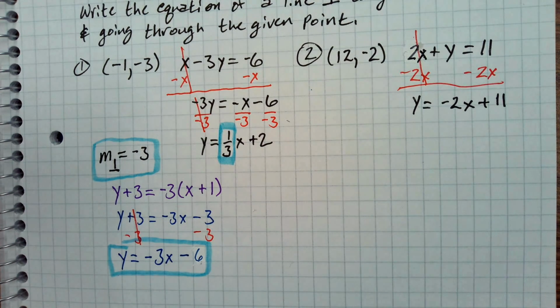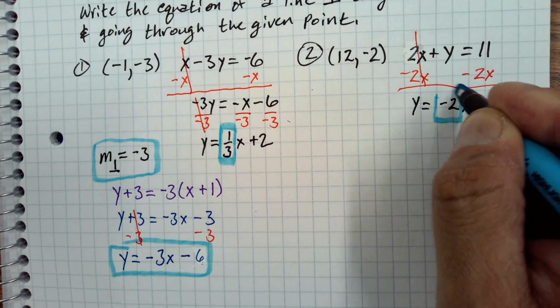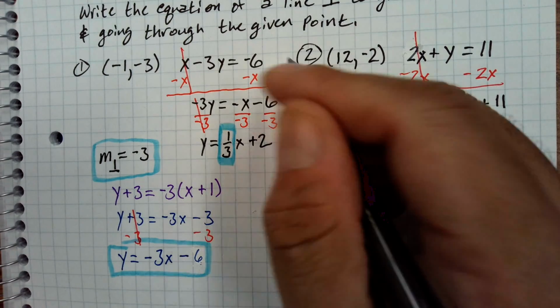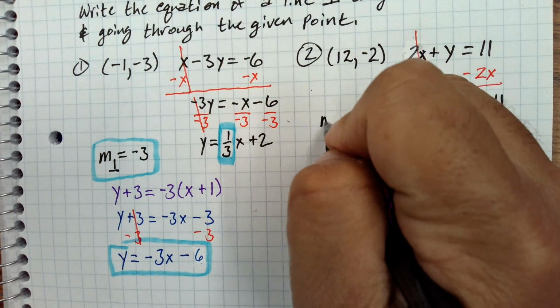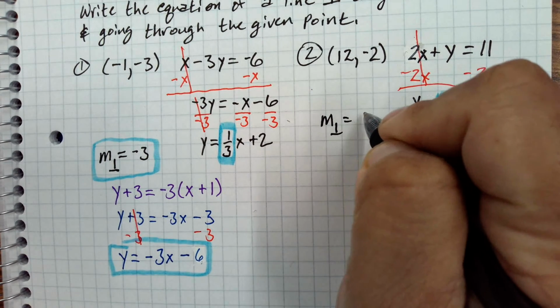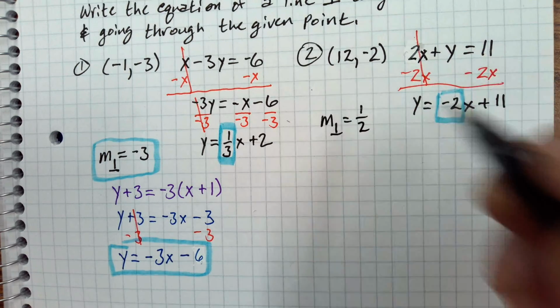Now that's in slope intercept, which tells us we know the slope. So the slope for our first line is -2. So what's the slope for the line that's going to be perpendicular to that? 1/2. Opposite and reciprocal. Opposite, so it's going to be positive, and reciprocal 1/2. Okay?